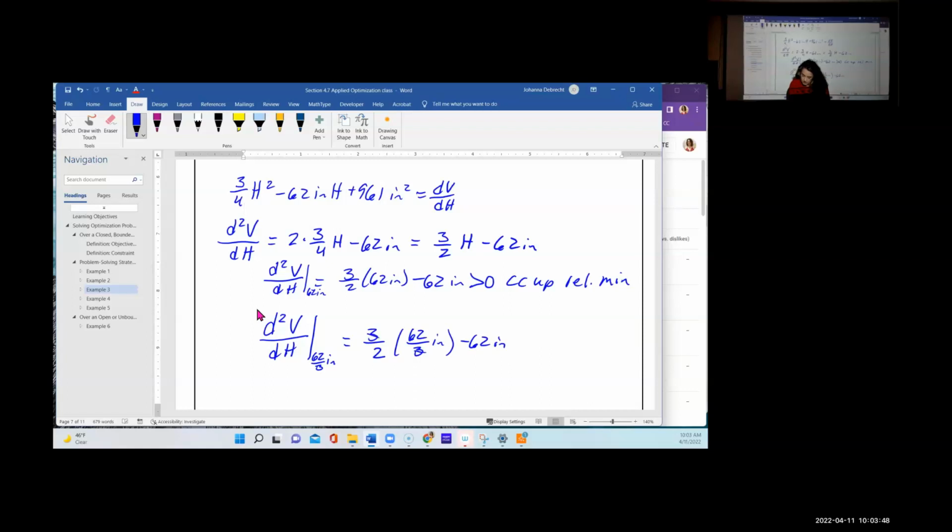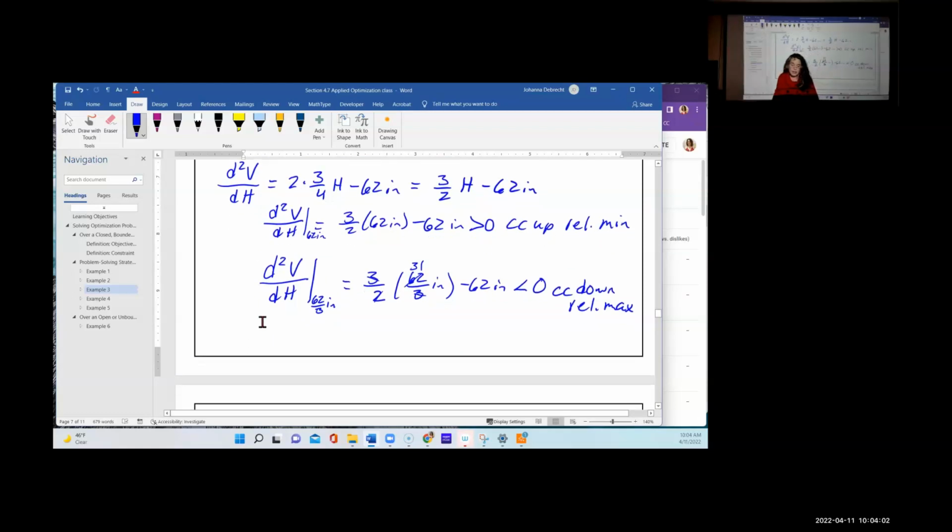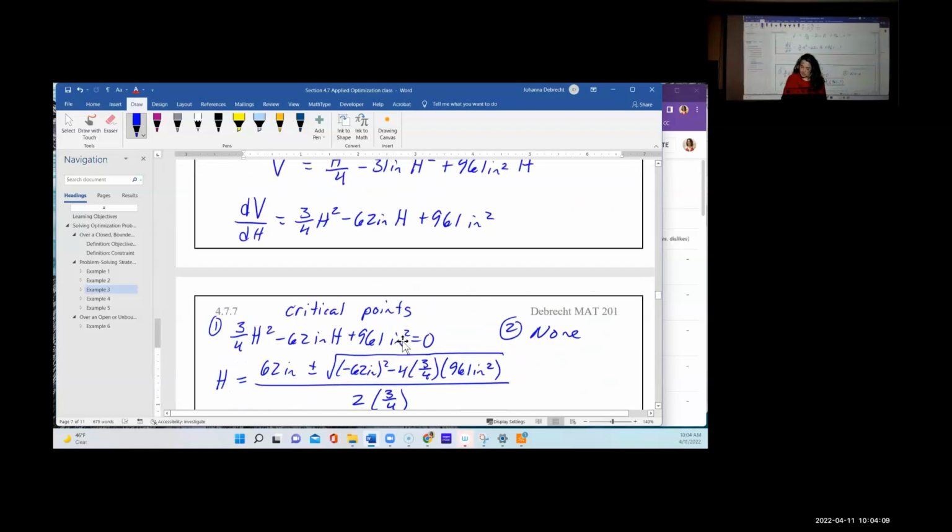The 3's cancel, this becomes 31, and 31 minus 62 is less than 0. So it's concave down, so it's a relative maximum. This is the one I'm looking for, right? So I'm looking for the one at 62/3. So the height that I was looking for is 62/3 inch.